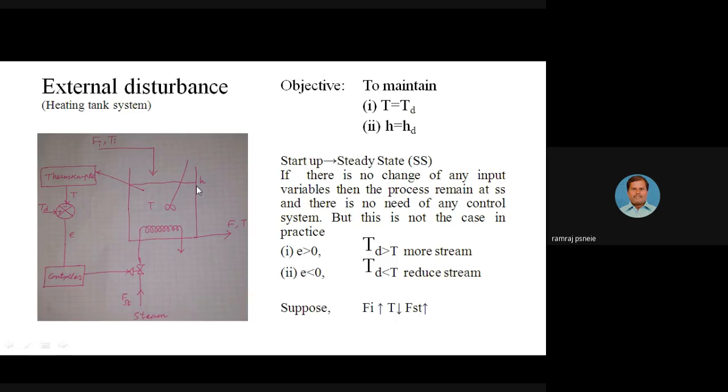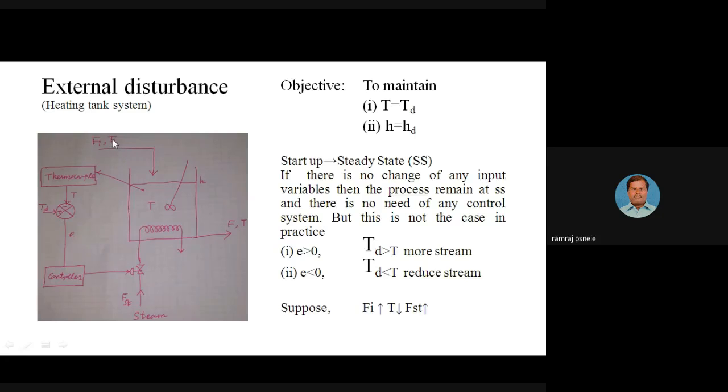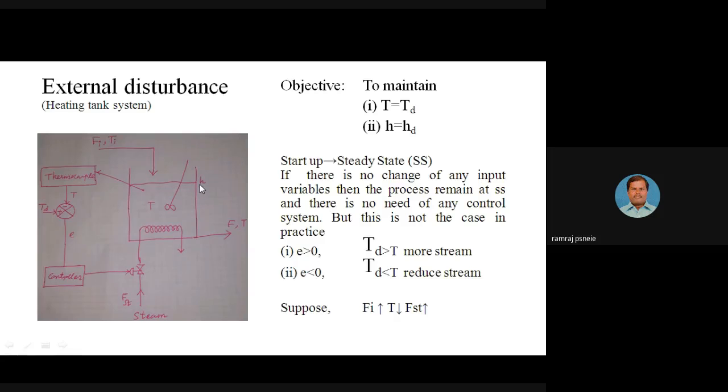But this is not the case in practice. What will happen? This F suffix I, the inlet flow rate, will get changed, or sometimes the inlet temperature will get changed. Because of this kind of changes, the process output, I mean the outlet liquid temperature, may get changed, or the level of liquid in the tank will get changed.